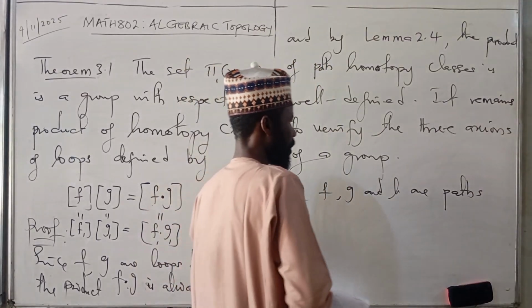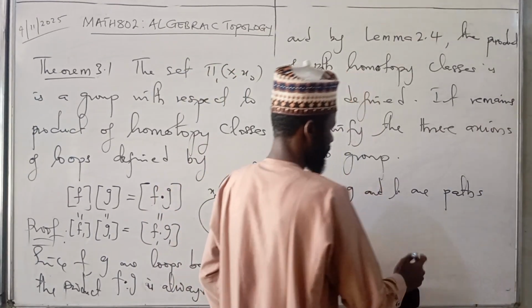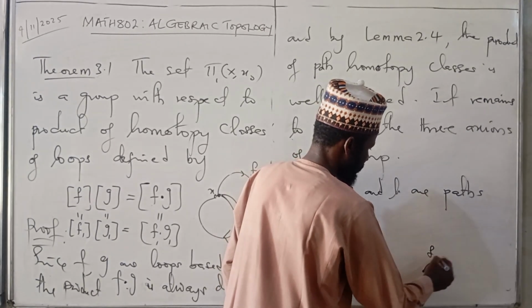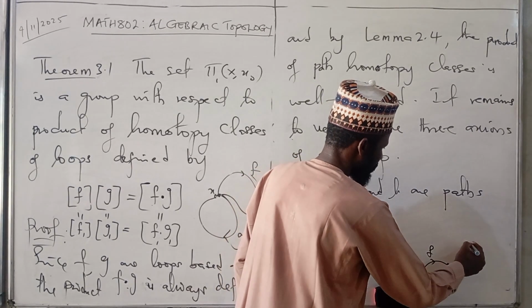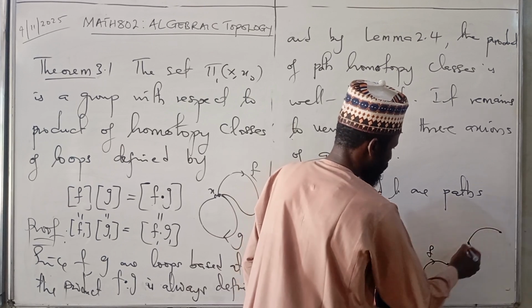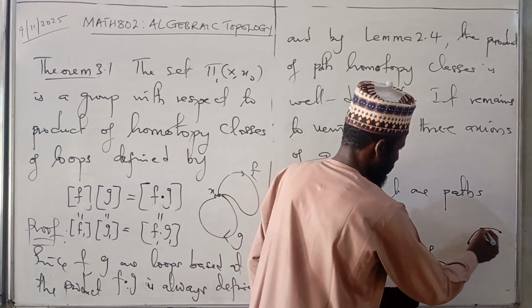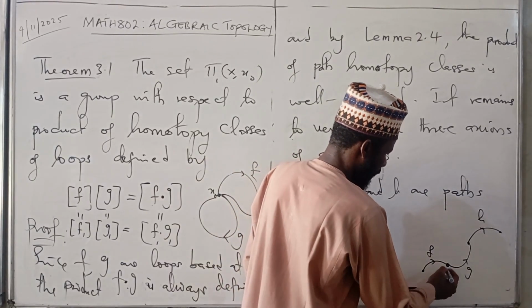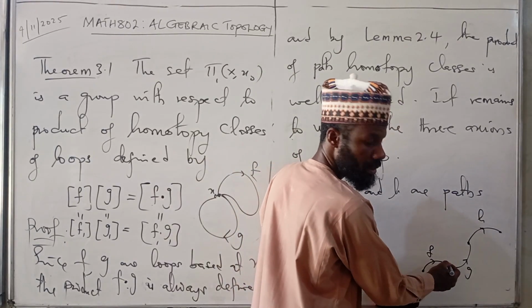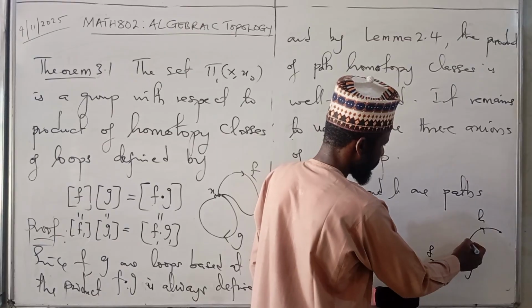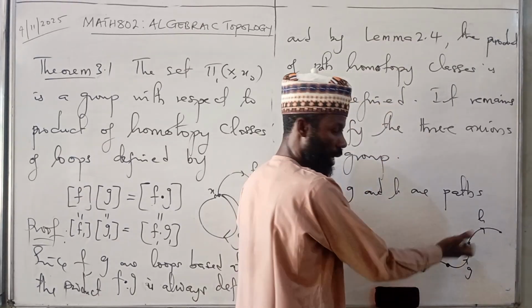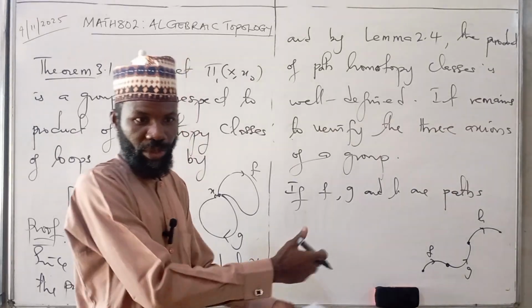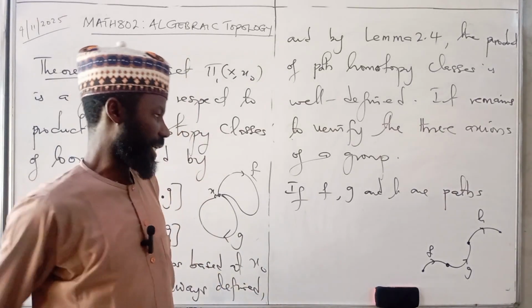If you can take three paths F, G, and H so that F1 is equal to G0 and G1 equal to H0, and show associativity holds, it also holds for the loop situation, because for loops the product is always defined.